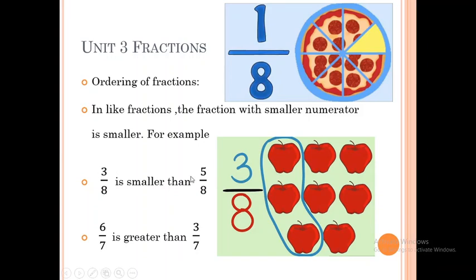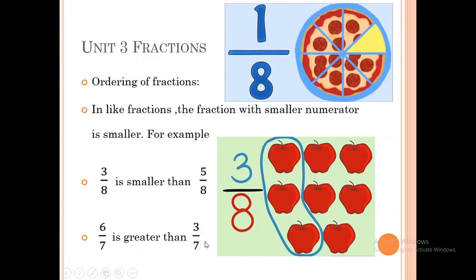Here 3 by 8 and 5 by 8, it means 3 by 8 is smaller than 5 by 8. Another pair of like fractions, 6 by 7 and 3 by 7. Again check their numerators. 6 is here and 3 is here. It means this is a greater fraction than this one. 6 by 7 is greater than 3 by 7.